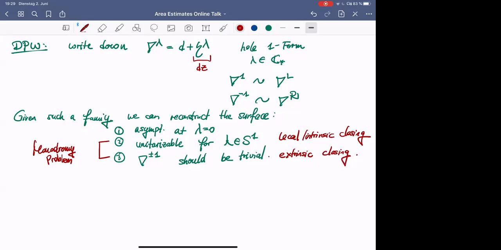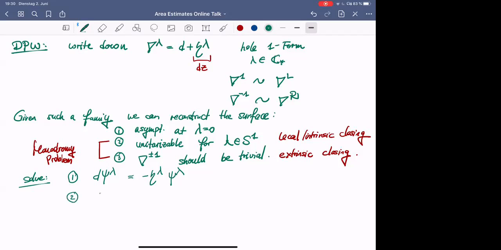Now, it doesn't give you a reconstruction formula right now. How does that work? We solve a differential equation for some matrix psi, so it should be a fundamental solution to your ODE.